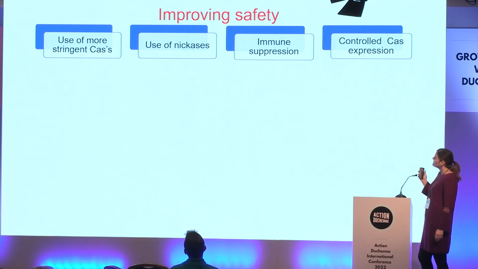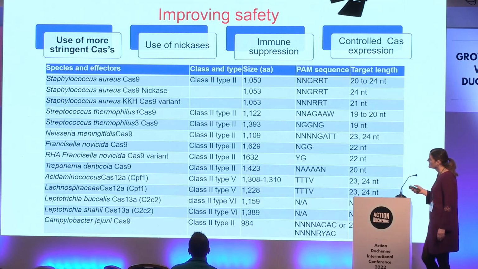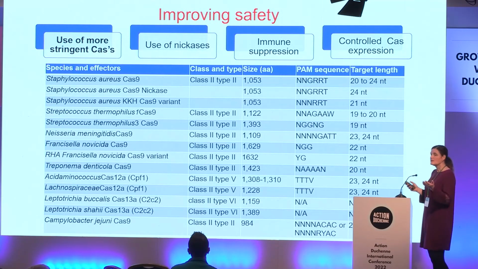So Cas proteins do have real serious safety concerns, and we can address that with all of these shown above, which I'll go through very quickly. So the first is using more stringent Cas proteins. The widely used Cas is called SpCas. For a Cas to cut, they have to recognize a sequence within the genome.